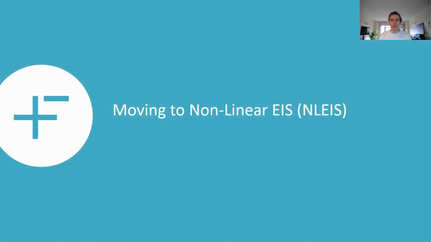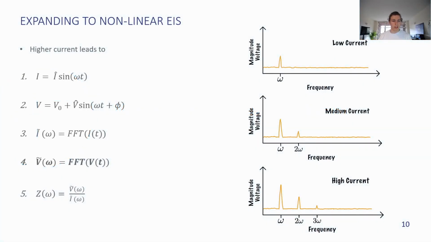So now I'd like to move on to nonlinear EIS. And to start with, we're going to go back to the original 5 equations and focus on the voltage frequency response. So traditionally in EIS, the idea is that you keep the current low enough as to not excite any nonlinear elements. And so this low current is really good because you can hide all of that.